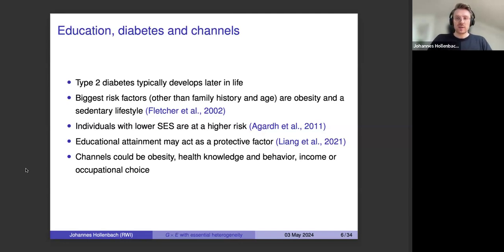You tend to have more income, so maybe able to afford a gym membership, something like that, or you may be able to get into healthier occupations. I want you to take these channels with a grain of salt because at the moment, there's not too much in the literature about these channels. So just as a word of caution.